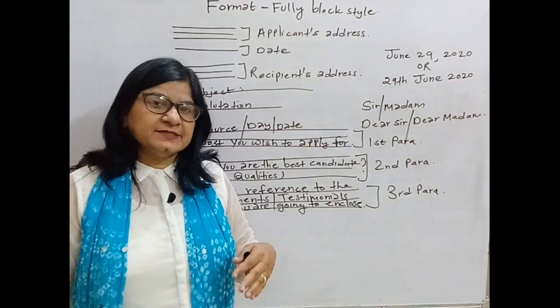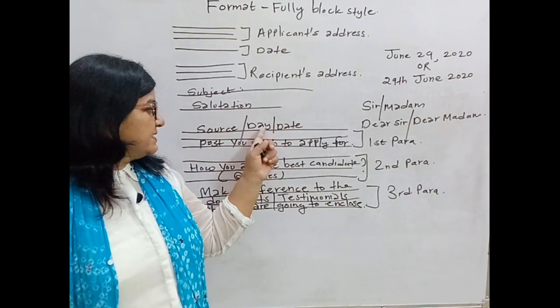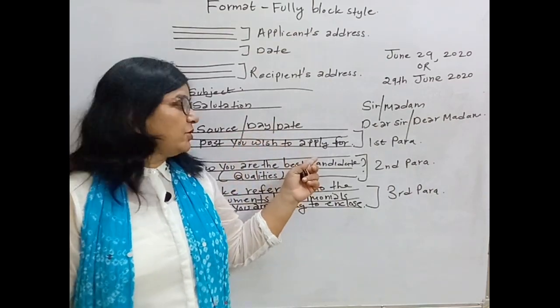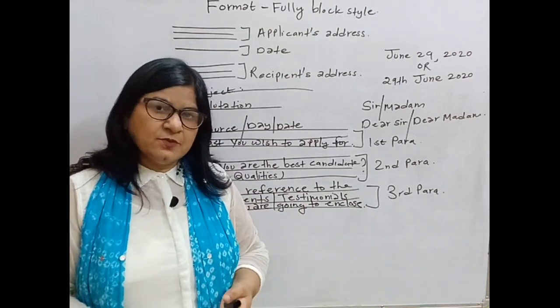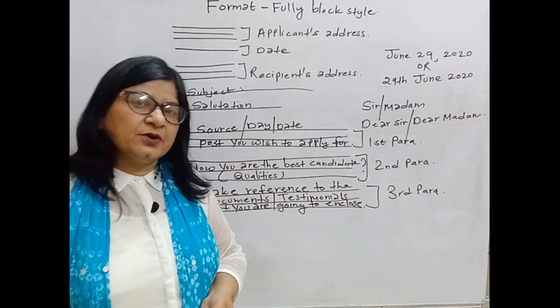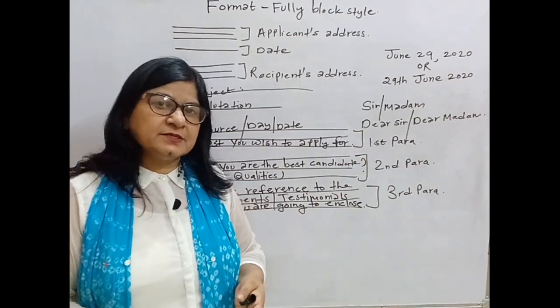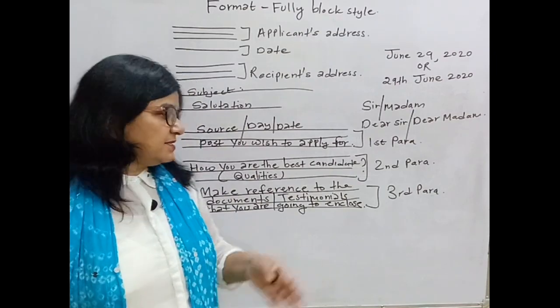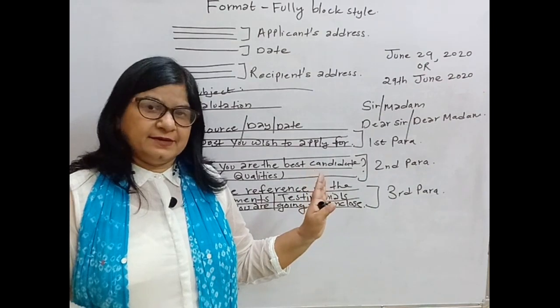So I will revise it quickly. In the first para, you have to write 3 things: source, day and date, and post you wish to apply for. And in the second paragraph, you have to write about your qualities, why you should be selected. You have to convince the recruiter or the employer. And in the third, you have to make reference to your documents, to your testimonials that you are going to enclose with the covering letter.